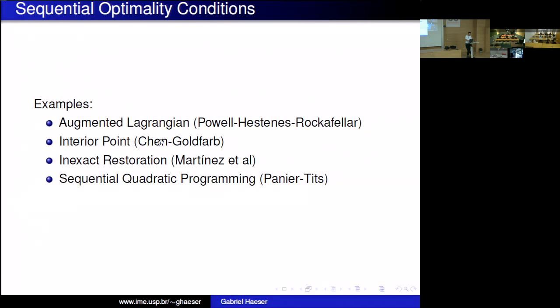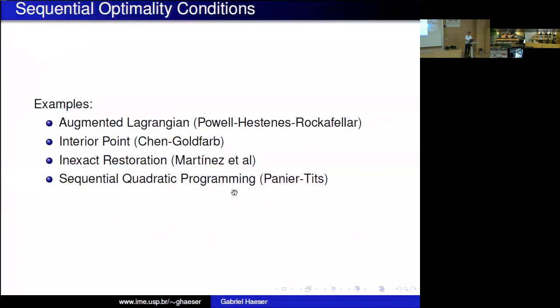But we can prove that an interior point method also generates this kind of sequence. So in particular, this algorithm by Chen and Goldfarb, we had studied it. The inexact restoration method, I will also mention it later, but it also generates this kind of sequence.